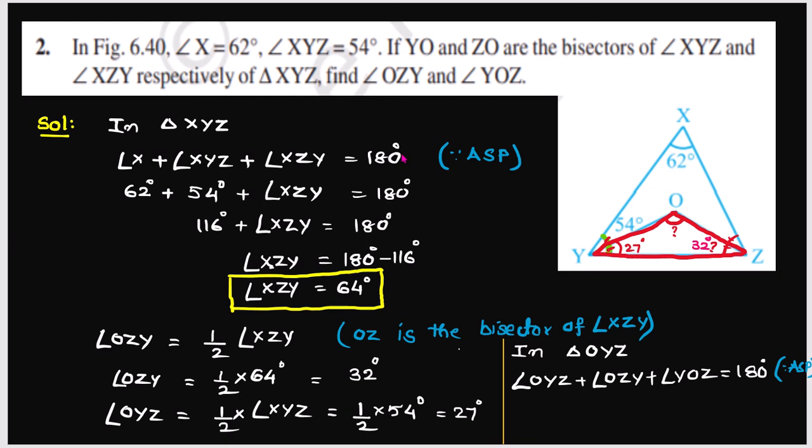Already OYZ we got just now, that is 27, plus angle OZY, that is 32 degrees, plus YOZ, the required angle to find, equals 180 degrees. From this, angle YOZ equals 180 minus the sum of these two angles, 32 plus 27, 59. 180 minus 59, that is 121 degrees. So this is the method, children, to solve the problem.